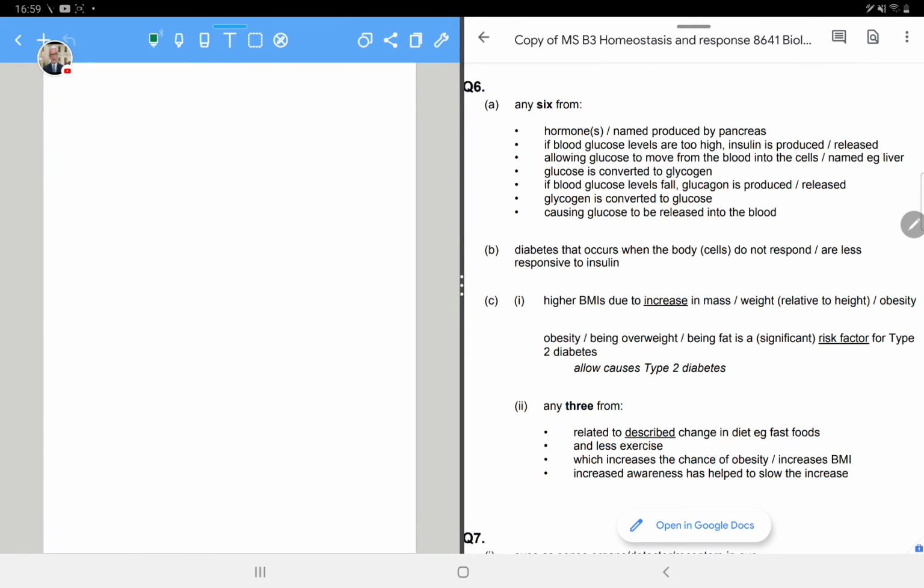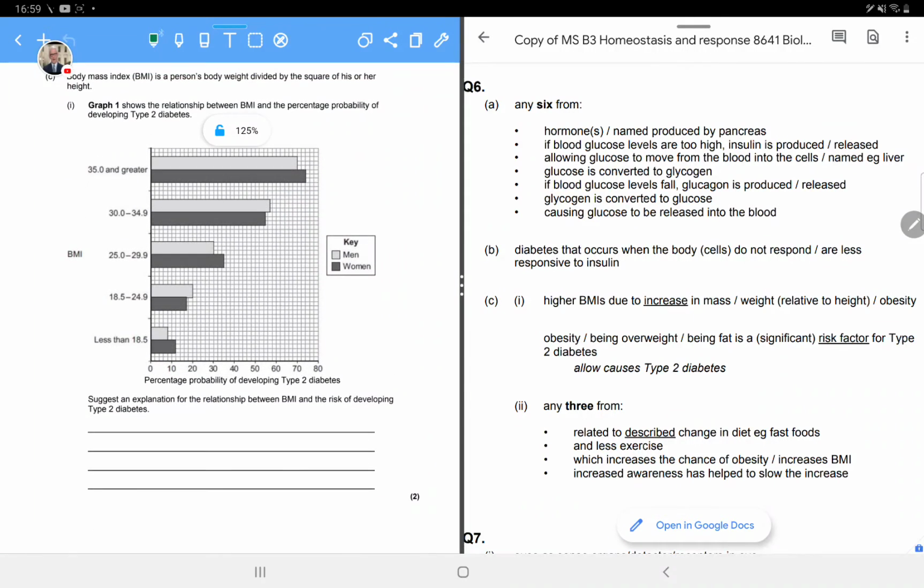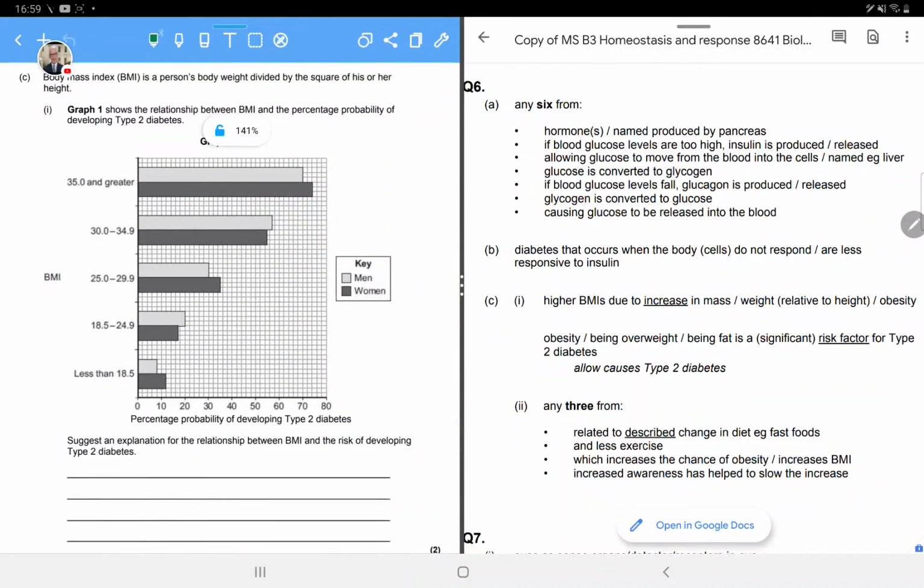The next part of this question is a graph question. So let me just make that a bit bigger. Body mass index, BMI, is a person's body weight divided by the square of his or her height. Graph 1 shows the relationship between BMI and the percentage probability of developing type 2 diabetes. So you can see here, BMI on the y-axis and percentage probability of developing type 2 diabetes.